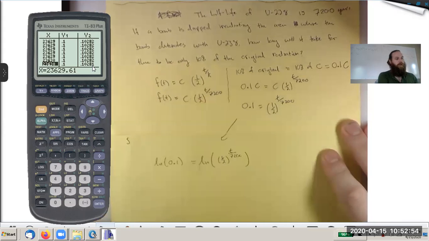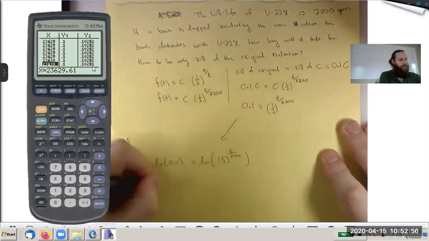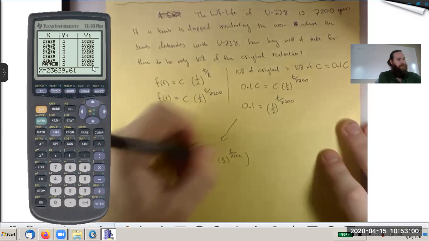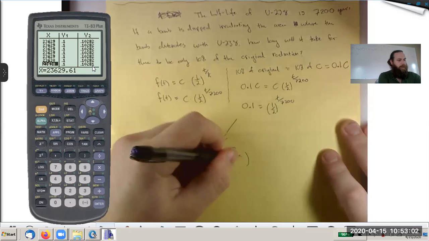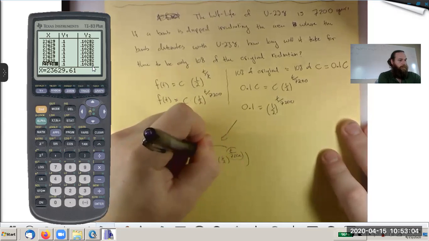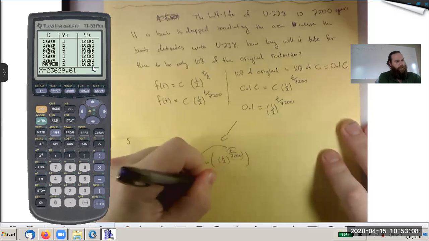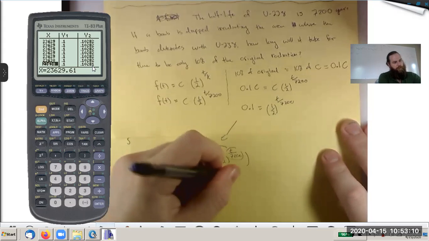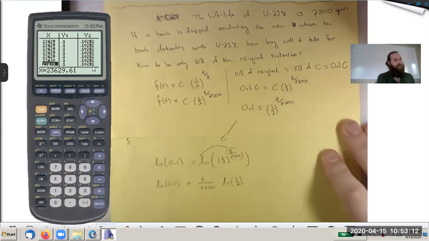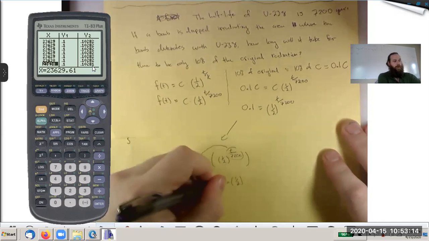I take the natural log of both sides, then I get the ln of 0.1 equals this whole power here can come down front as a multiple. So I'd have t over 7200 times the ln of 1/2. And this is now an equation I can solve.